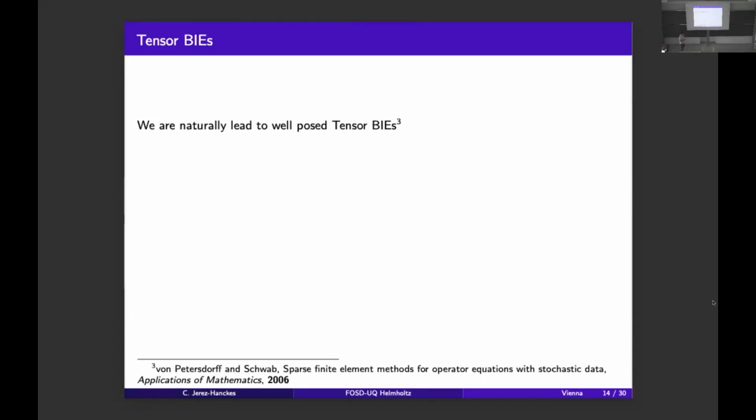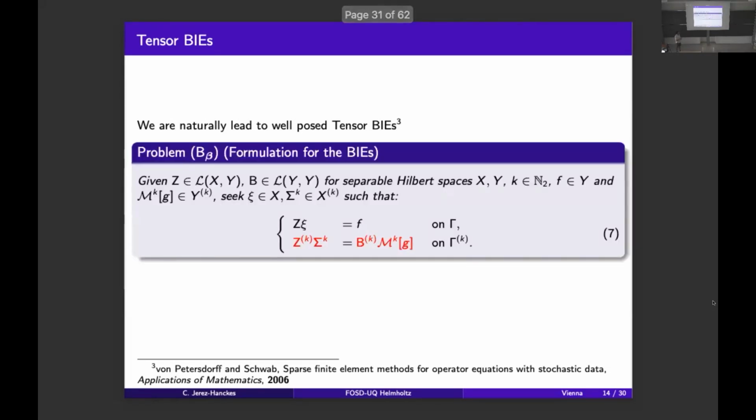Because you need to compute the statistical moments, you are tensorizing the BIEs, and this is what you obtain. Now you have the previous version of the boundary integral equation. You are solving again for the same boundary integral equation on the nominal domain once, and then you need to tensorize this on Gamma^(k), which means the boundary has been tensorized k times.